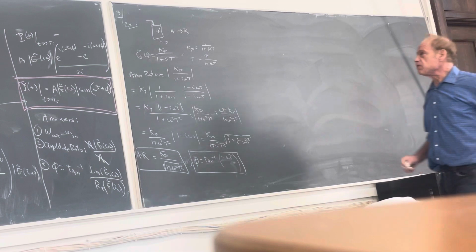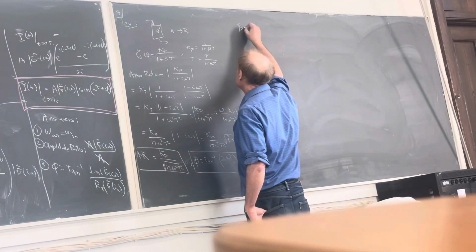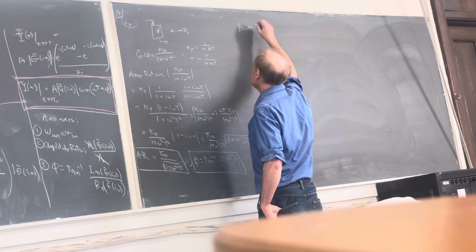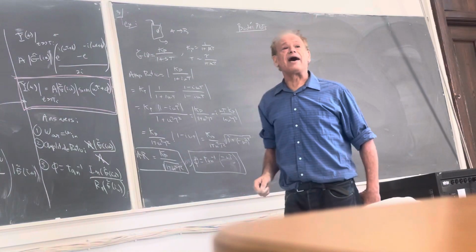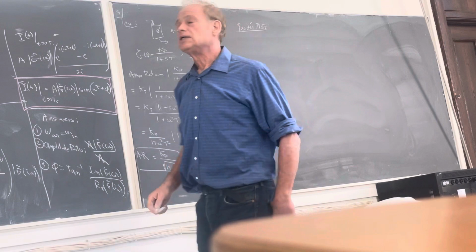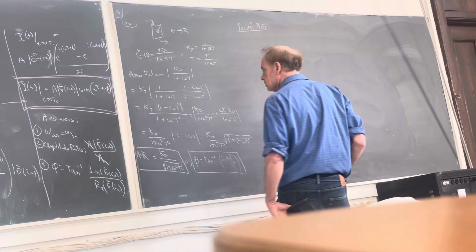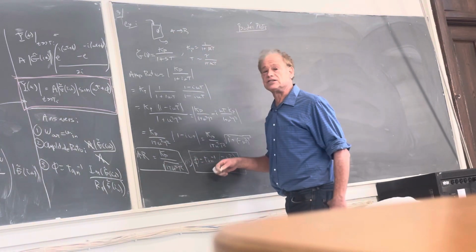Okay, so there's something called the Bode plot. A lot of times graphs help you understand things. There are two Bode plots. It's just a way of graphing these equations.